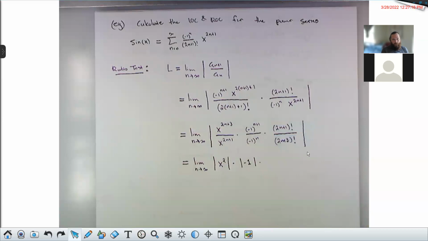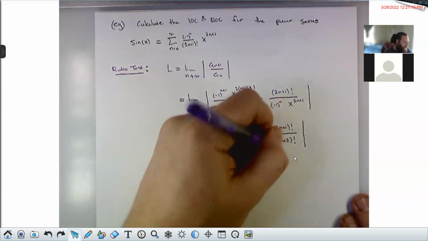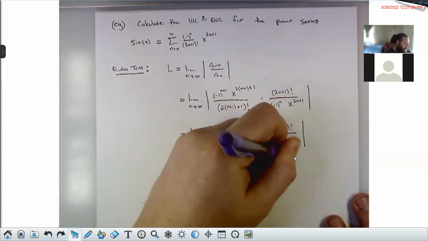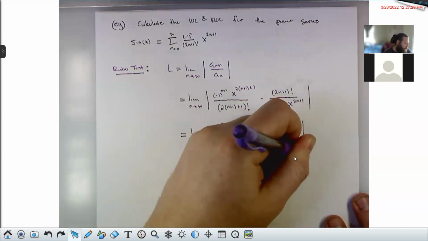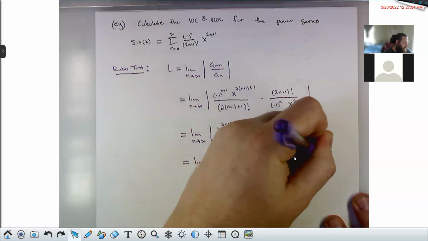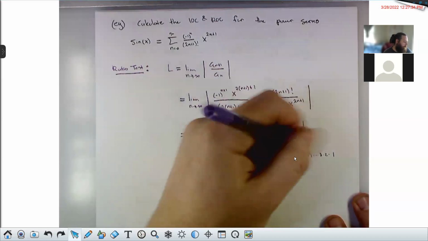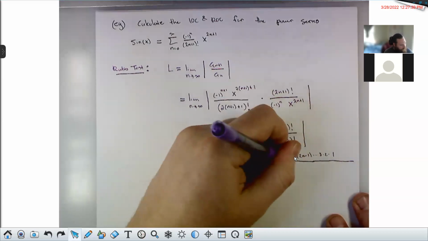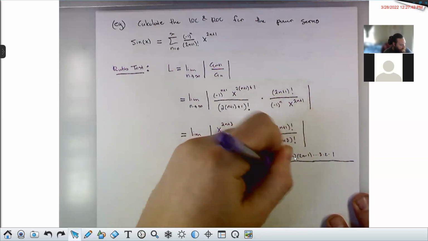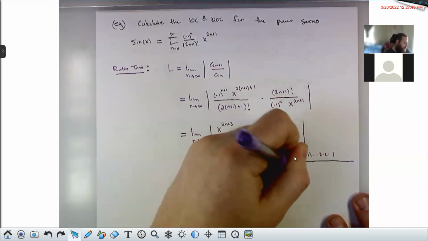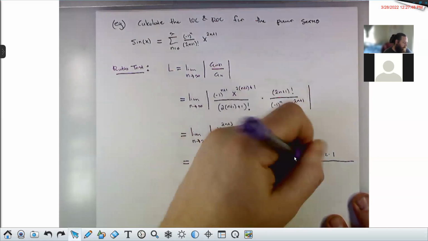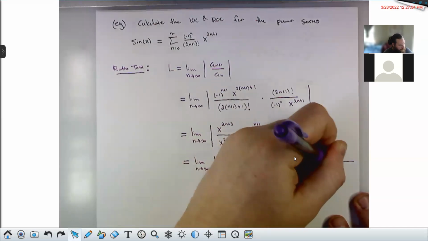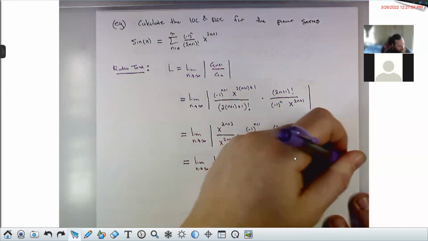I'm going to write out the factorials. So (2n plus 1) factorial is (2n plus 1) times 2n times (2n minus 1), all the way down to 3 times 2 times 1. (2n plus 3) factorial is (2n plus 3) times (2n plus 2) times (2n plus 1) times 2n, all the way down to 3 times 2 times 1.